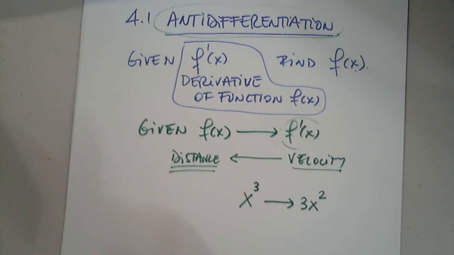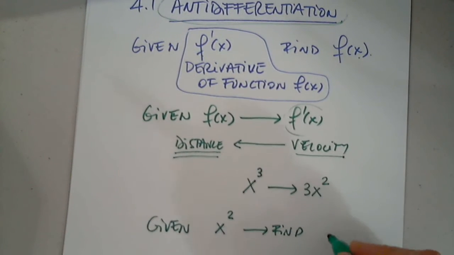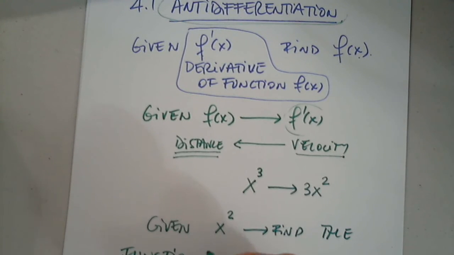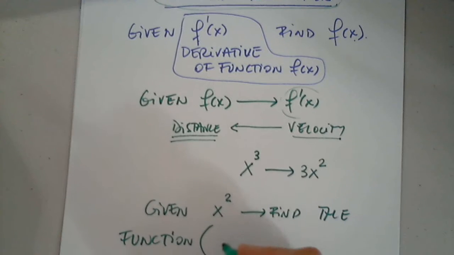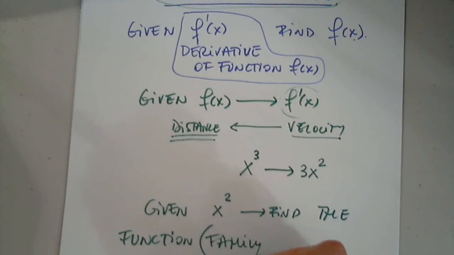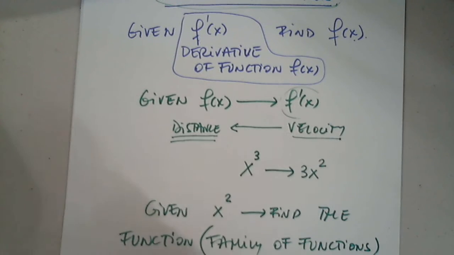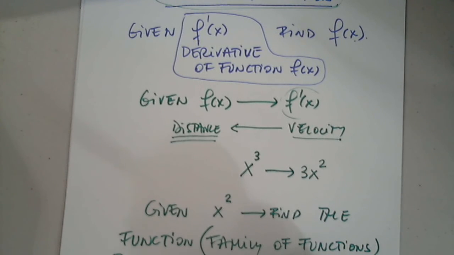But now I would like to go backwards and say, given x squared, for example, find the function, and in parentheses I'm going to write family of functions, that have f prime of x equal to x squared.